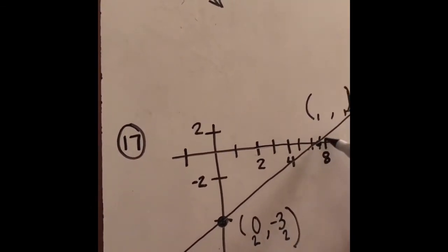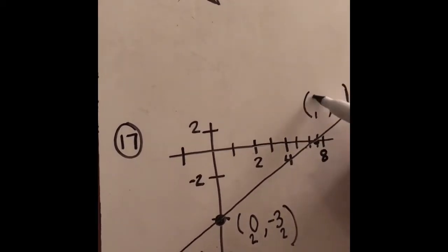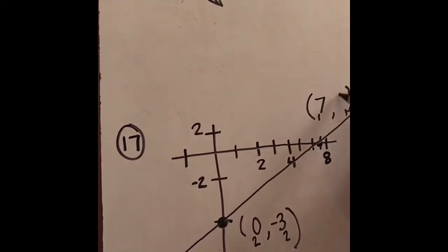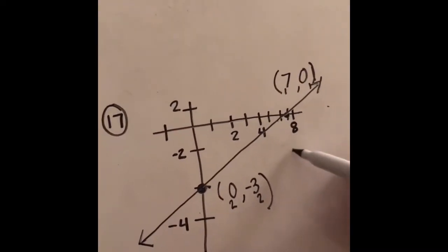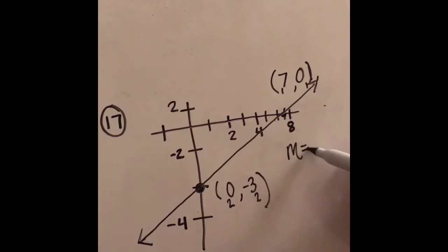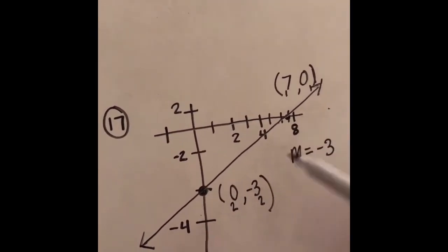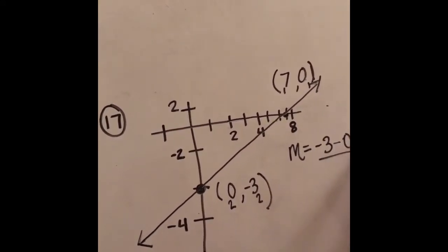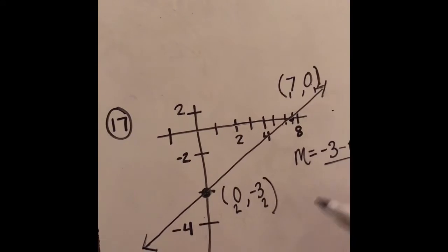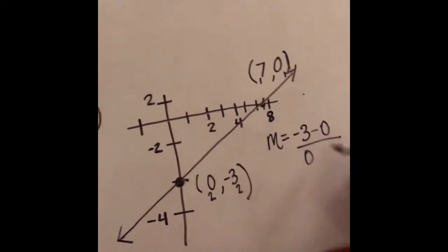Up here we have, I think it was on the 7 and 0. So we'll plug it in: m equals y2, so negative 3 minus y1, which is 0, over x2, which is 0, minus 7.